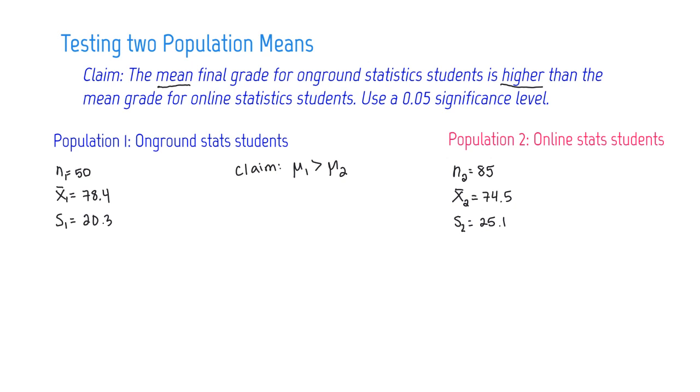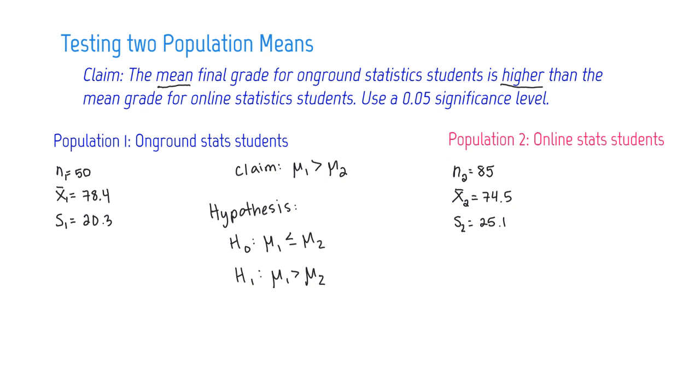So looking at our claim in symbolic form, we do not see any equality symbols. So that means that our claim corresponds to the alternative hypothesis. Mu1 is greater than mu2. Our null hypothesis then will look like mu1 is less than or equal to mu2.